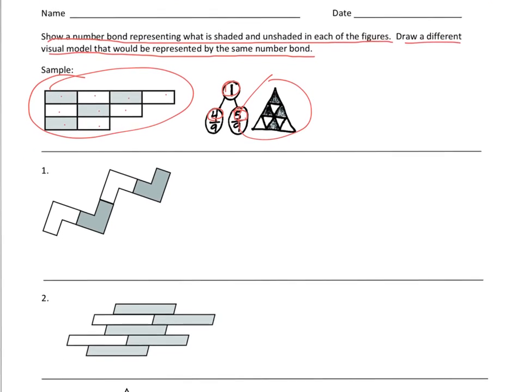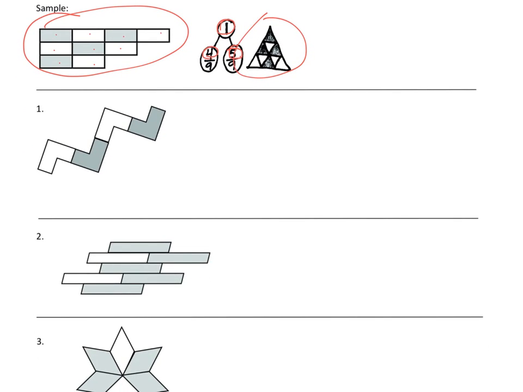So I'll show two examples with this one. Let's start right in with one. And I know that I'm going to have a one whole for my whole amount on my number bond. And over here is going to be the shaded part. So I have 1, 2 out of the 4 are shaded.